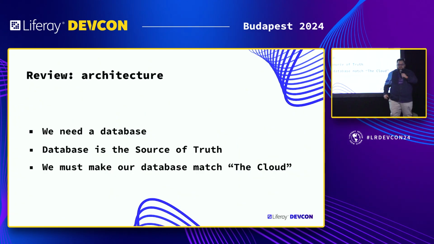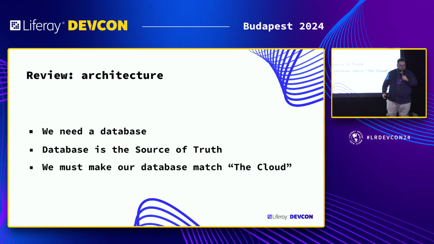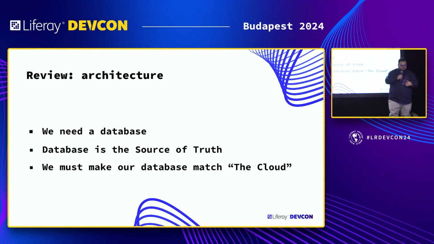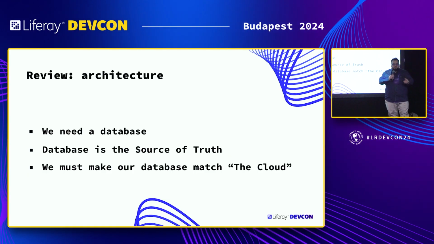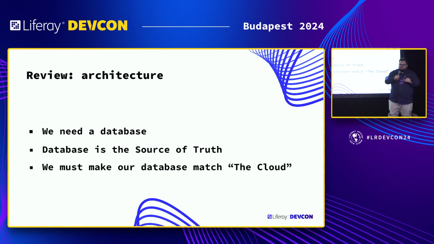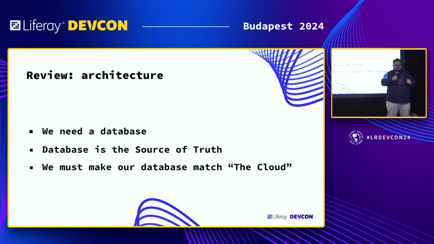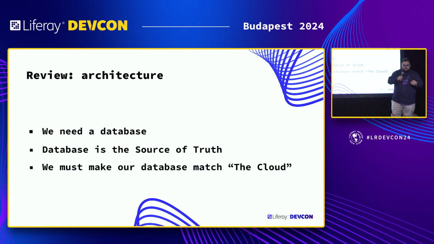Let's review this architecture a little bit and understand it in more detail. So we need a database, right? That will serve as the cache between the cloud and the console. The database will be the source of truth. So that means that we'll first read the data from this database to understand the state that is actually in the cloud.